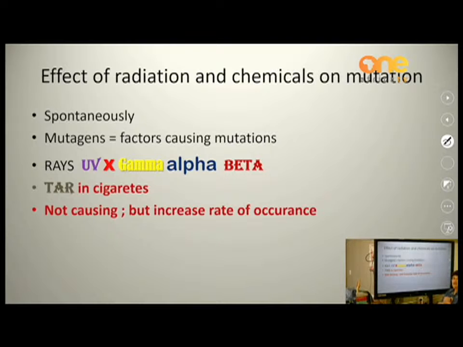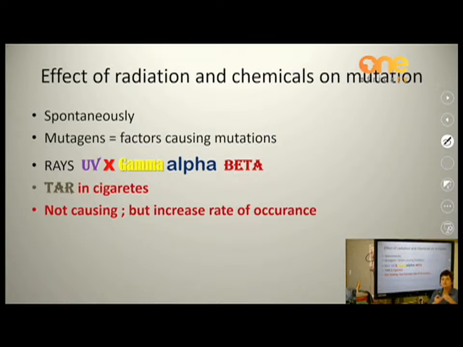what can cause mutations to take place. Radiations and chemicals can cause mutations. Remember, cancer is a mutation. Why? Because the cell does not have the ability to stop dividing.